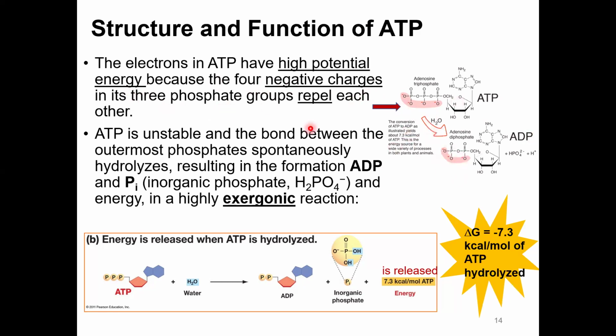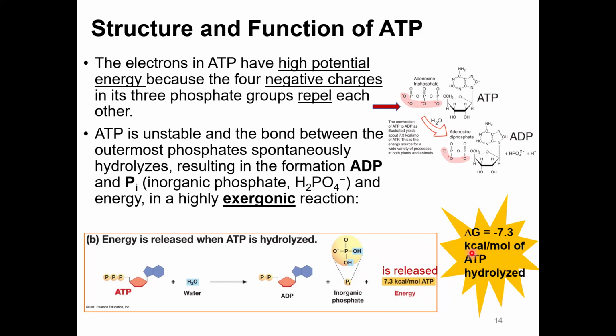ATP itself is unstable, and the bond between the outermost phosphates spontaneously hydrolyzes, resulting in adenosine diphosphate, or ADP, and an inorganic phosphate group, where hydrogens attach, making the oxygen more stable, and ends up with energy being released, which is basically 7.3 kilocalories per mole.